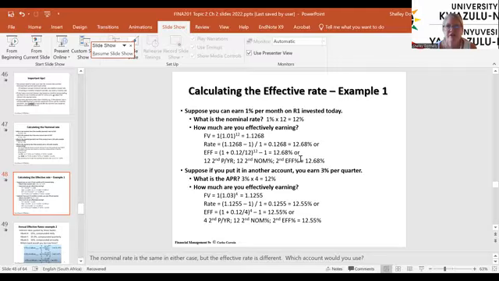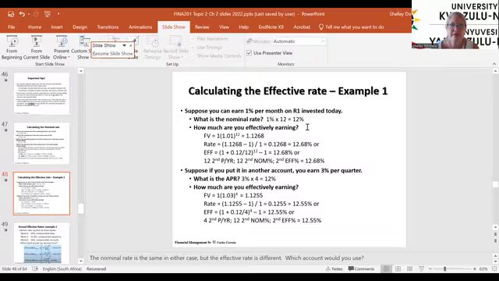How much are you effectively earning? Well, if you invested your R1, which is your PV, at 1% for 12 months, at the end of the year, you'd have R1.13 odd cents. You'd multiply your PV by 1 plus r to the power of m, or 1 plus your nominal rate divided by m to the power of 12.